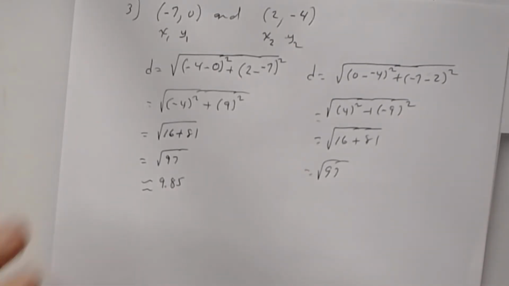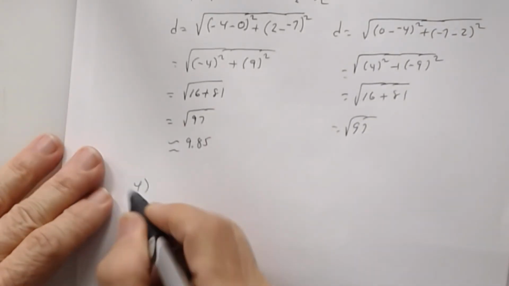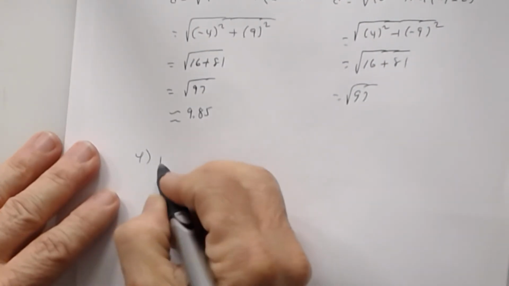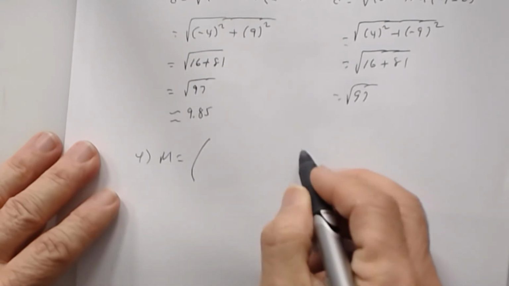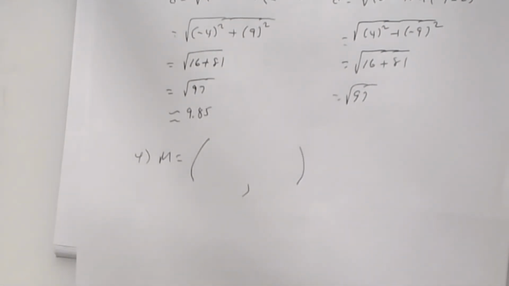Okay, and now let's do the midpoint, number 4. You got to put the x's first, though, because in an ordered pair, what goes first? X, and then y is your second coordinate. With the distance formula, you subtracted your x coordinates from each other and your y coordinates from each other. And the midpoint does what to those x coordinates? What operation? You're going to add them.